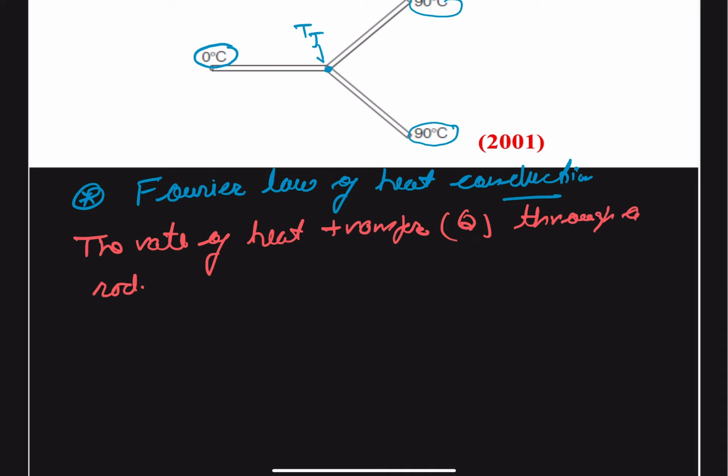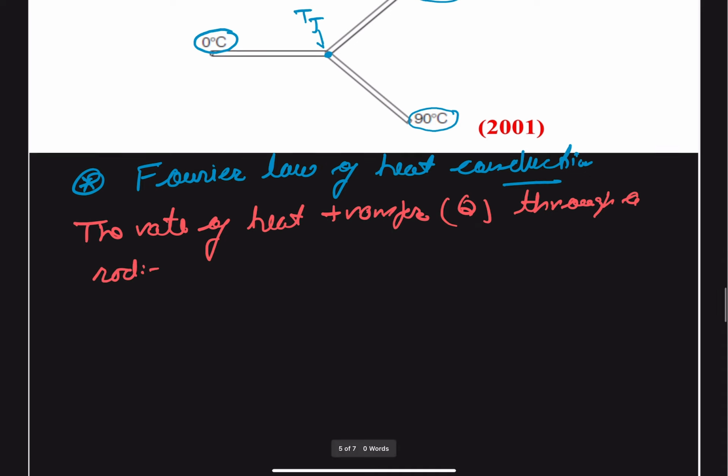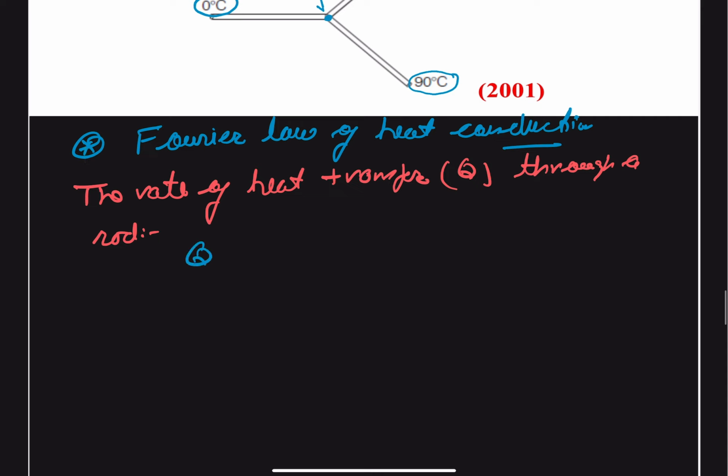It is given as Q is equal to Ka, temperature of hot junction minus temperature of cold junction, divided by length of the rod.